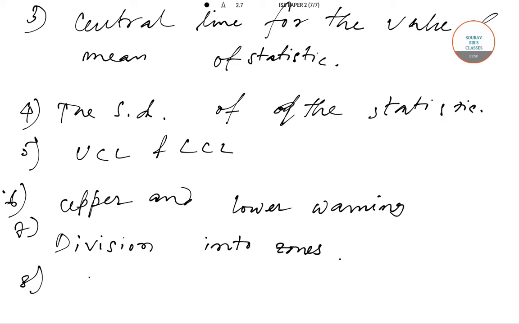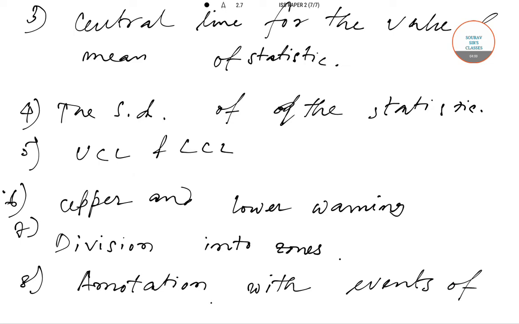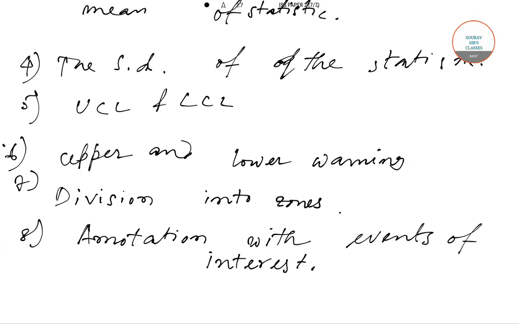There will be annotation with events of interest, and this event of interest, as you know, is of course determined by the quality engineer in charge of the process quality. There is action on special cause.